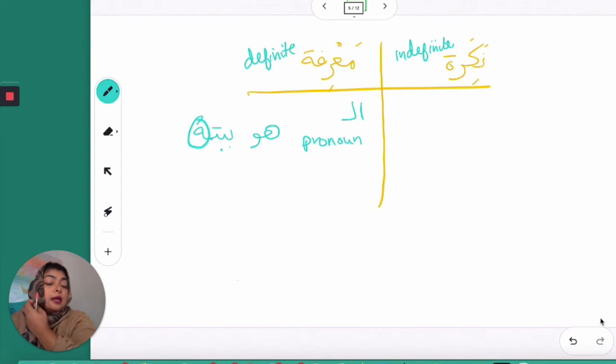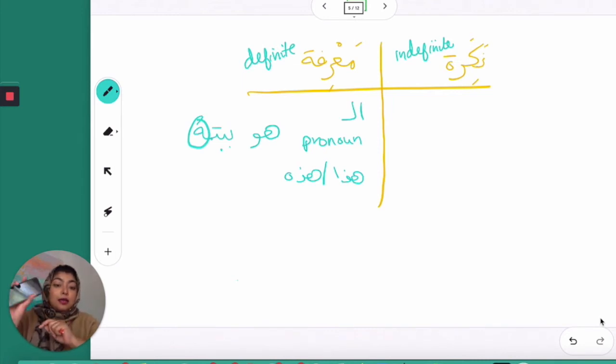So things that are ma'arifa, you're defining that word. It's not just a something. It's the something, or his something, or her something. Okay? So it is definite, it is specified. Other words that are ma'arifa, words like هذا, هذه, those are definite because I'm saying this. It means I'm pointing to something. هذا هاتف, هذا.